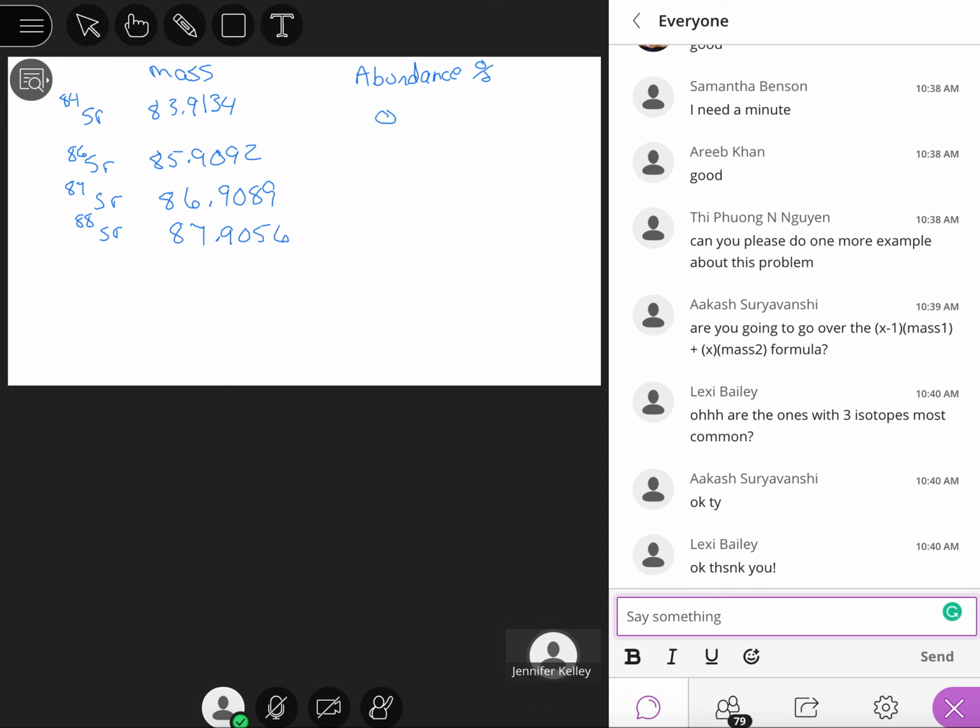And that's 0.557%, 9.857%, 7.002%, and 82.584%. Most of it is strontium 88. So the atomic mass should be closer to 88 than it is 87, 86, or 84.